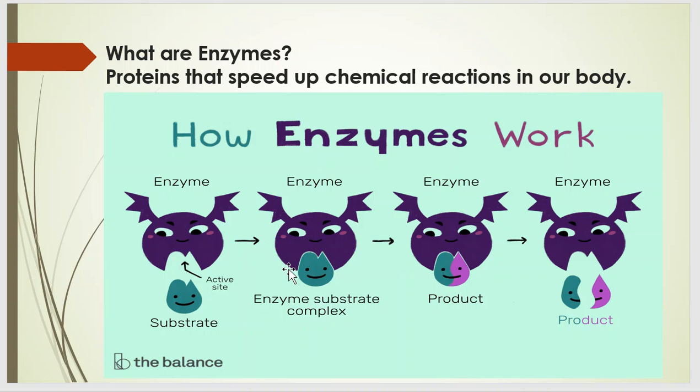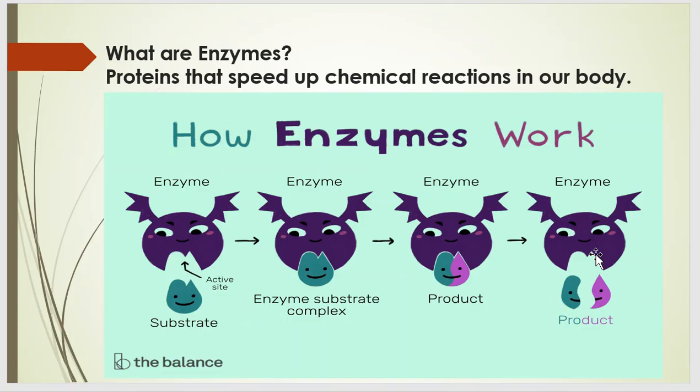This molecule stays for maybe a very milli fraction of a second, and immediately the enzyme just breaks this starch into maltose, two molecules of maltose. That is what here we see as a product.